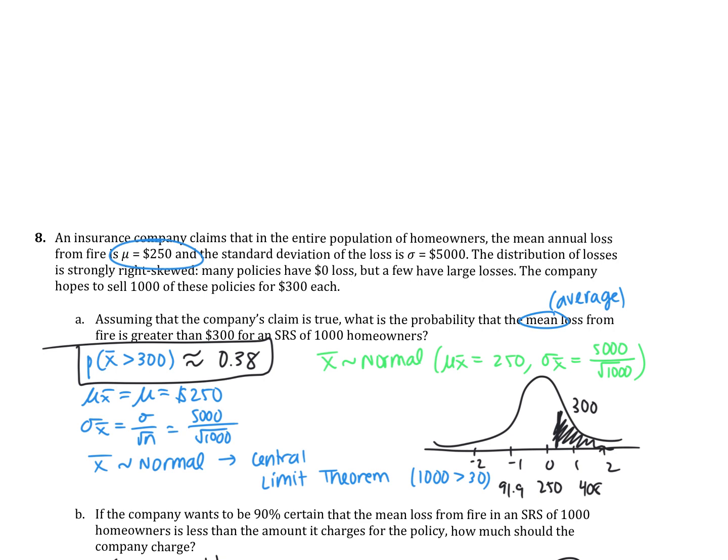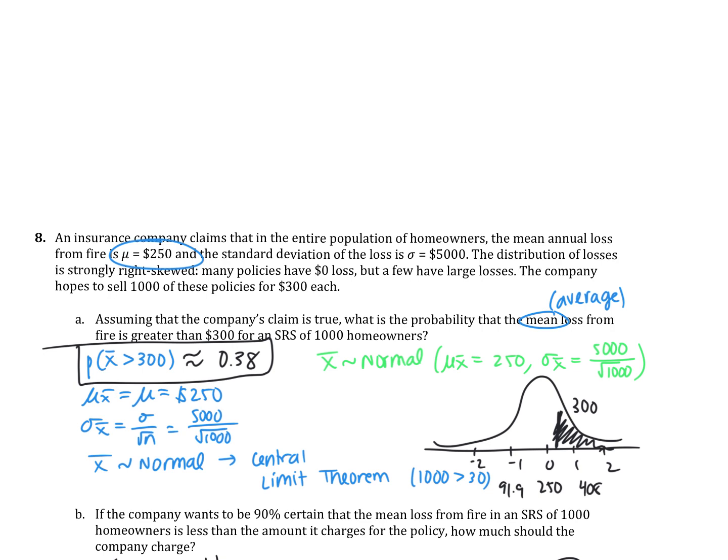Did anybody talk about or think about why that probability matters? It's not just a random probability. So what is the meaning of a probability that the mean is greater than 300? Why does that matter to the company? Nicole?